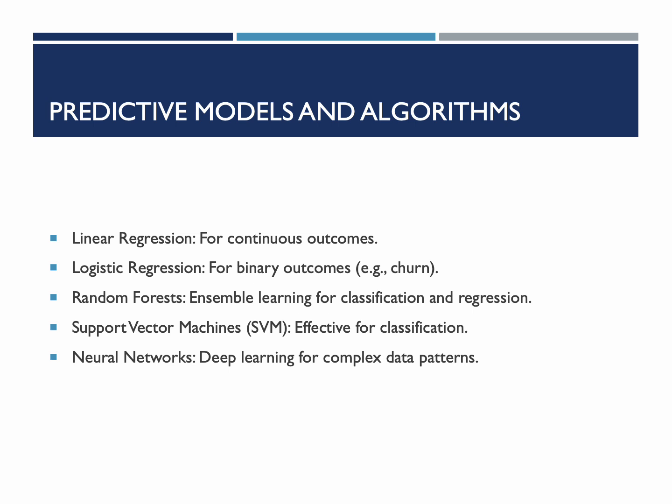Each of these algorithms has specific strengths that make them suitable for different types of problems depending on the data and the desired outcomes. First, we have linear regression. Linear regression is one of the most fundamental techniques for predicting continuous outcomes. It helps establish relationships between variables by fitting a line through the data points.